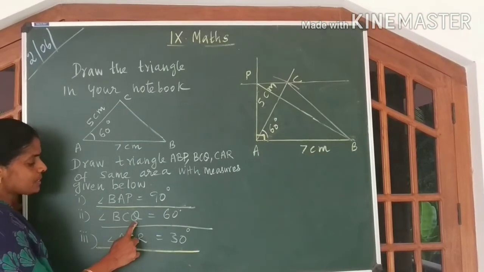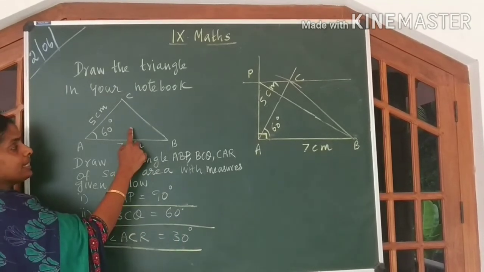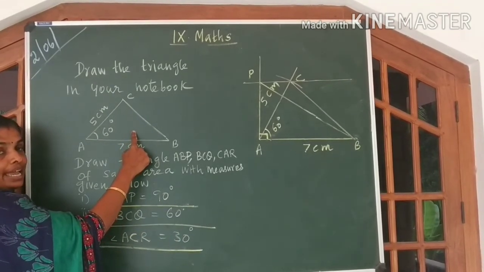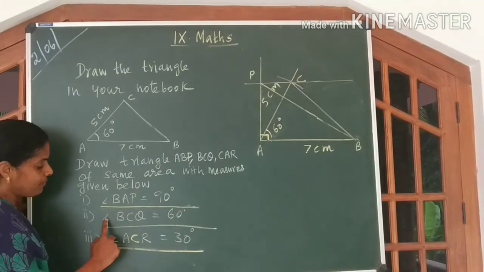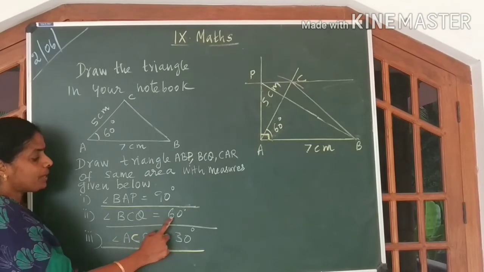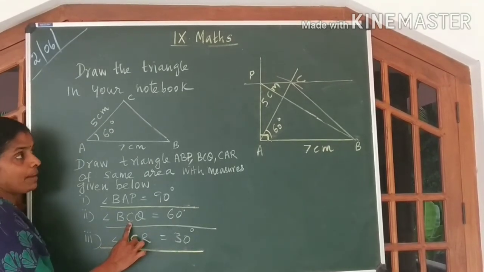Angle BCQ is equal to 60 degree. Without changing the area of this triangle, we are going to draw another triangle for which angle BCQ is equal to 90 degree. So take BC as the base.